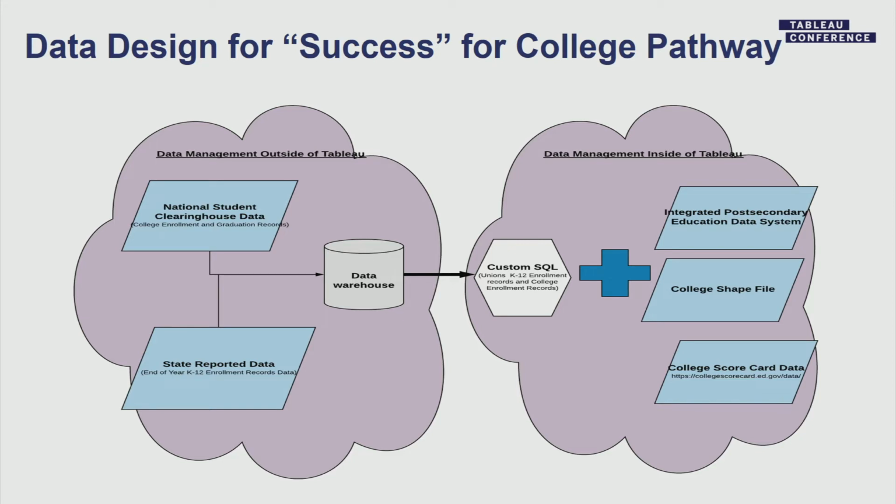So this is the National Student Clearinghouse data on the top left. We move it into the data warehouse. Our state reported data comes in annually, right? So the cadence is we're actually in the next month going to get our end of year reporting for 17-18, and it'll move into our warehouse.